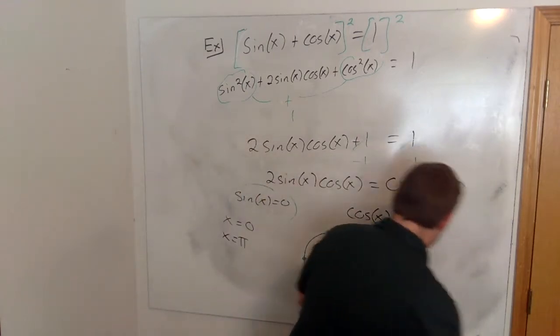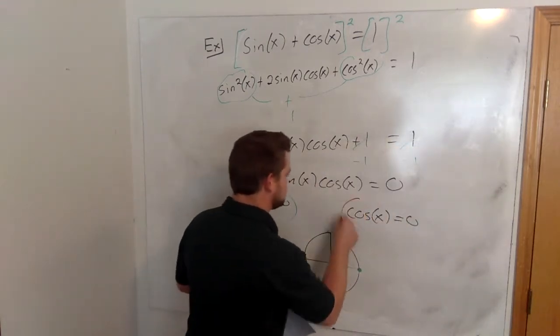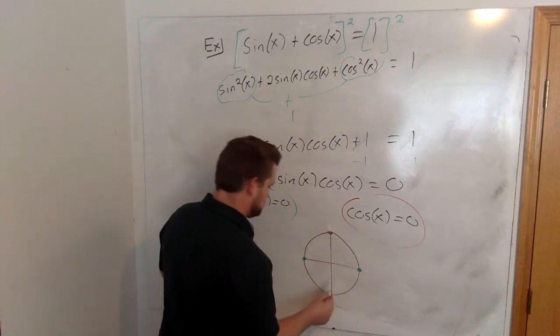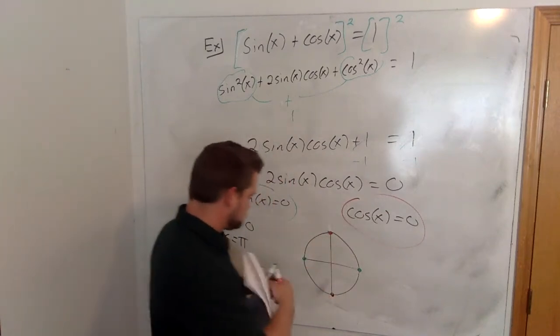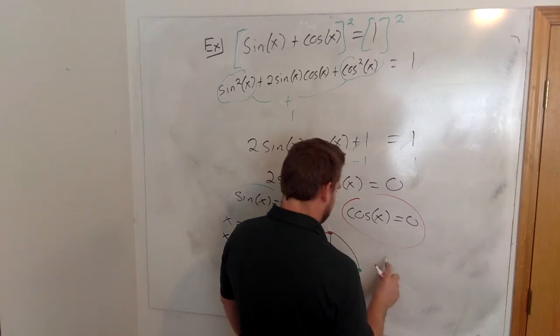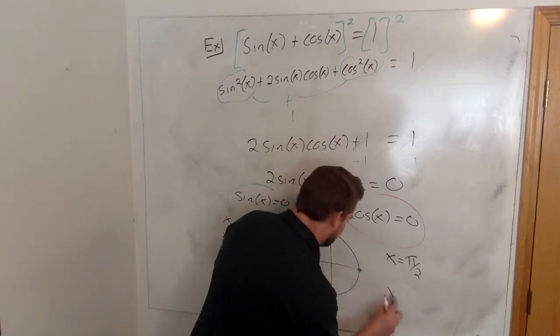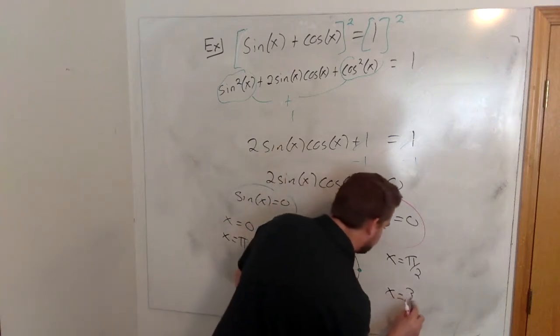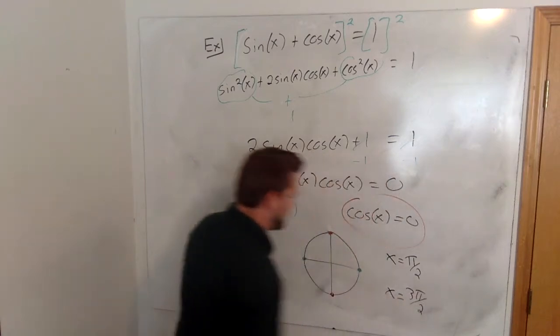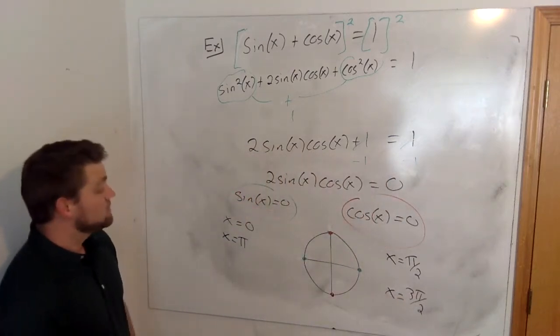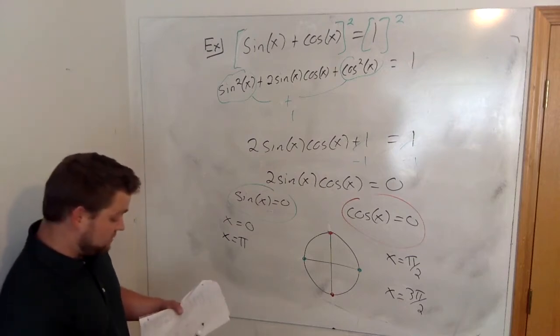We'll do these ones here in red. Well, that's here and here. So x could be pi over 2, or x could be 3 pi over 2. Okay, we need to check our solutions.